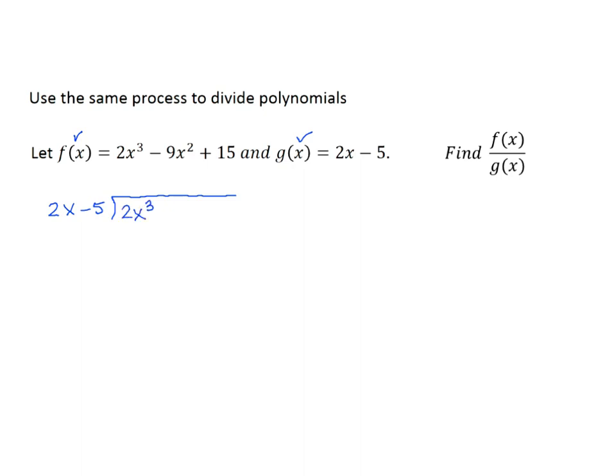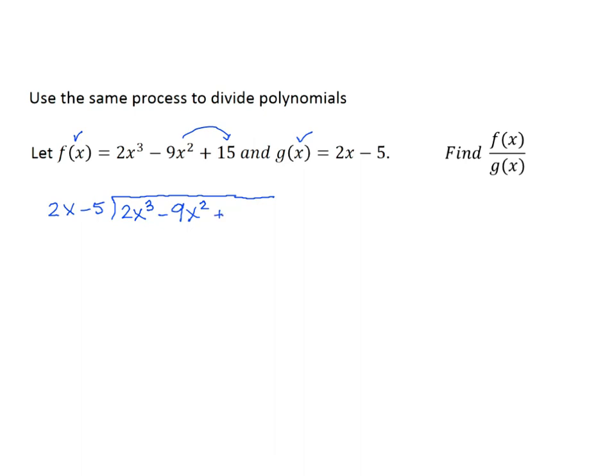But now watch carefully what I'm about to do here, because I'm going to write it a little bit differently than it's written here. I'm going to write my 2x cubed. My next term is my x squared term. But notice I have no x term. It just goes straight from x squared to 15. There's no x term. But I need to have a placeholder for that x term, even though I don't have one.